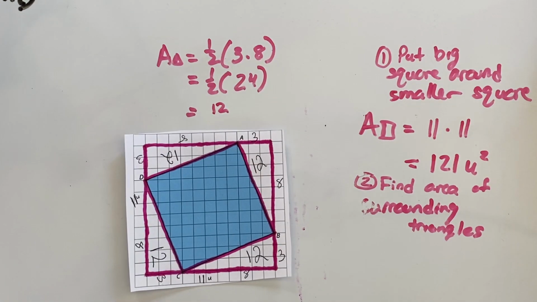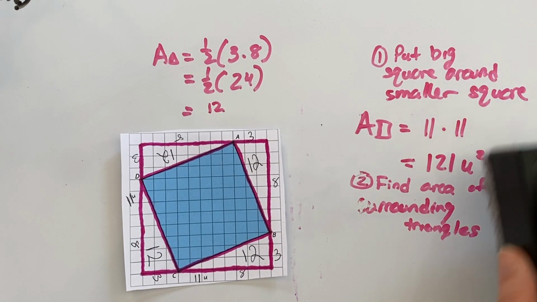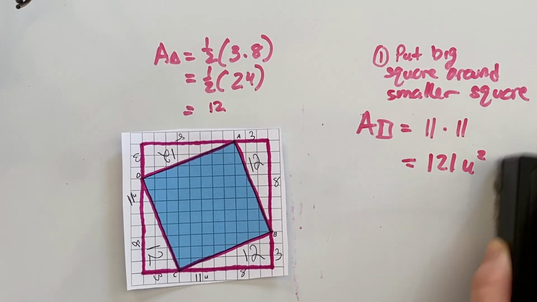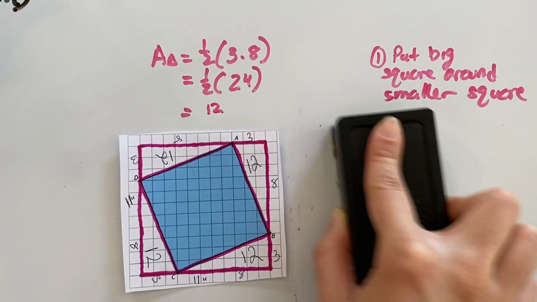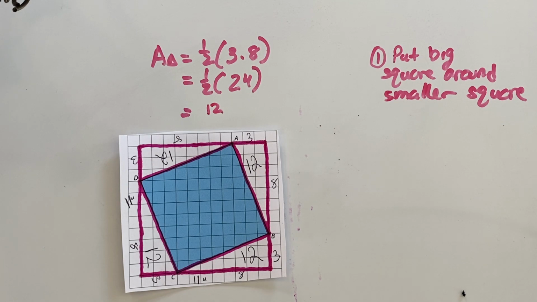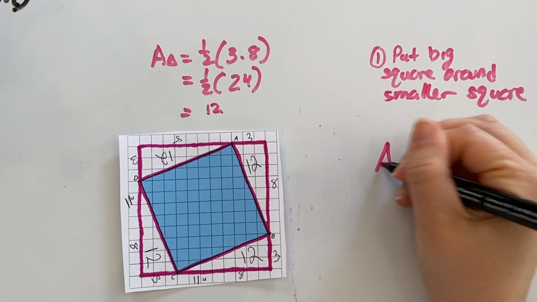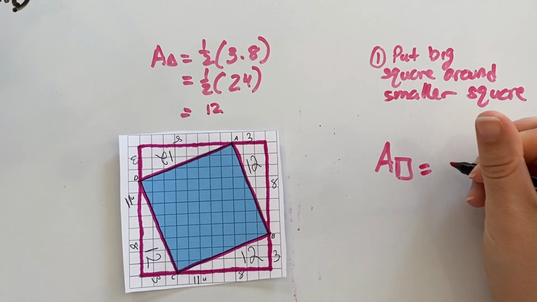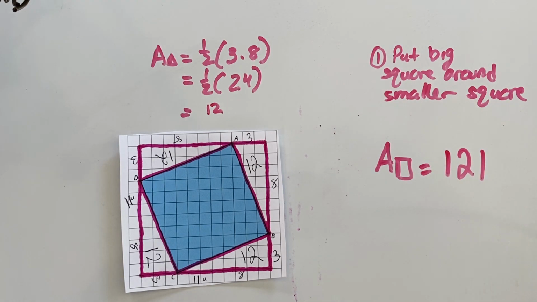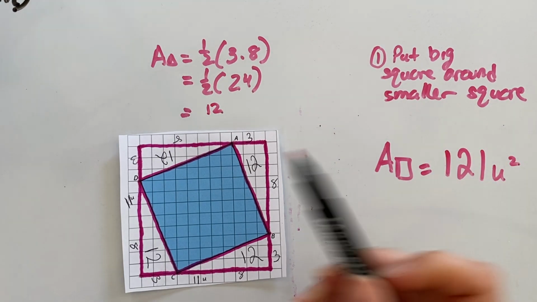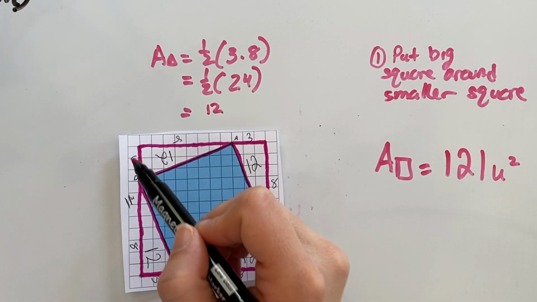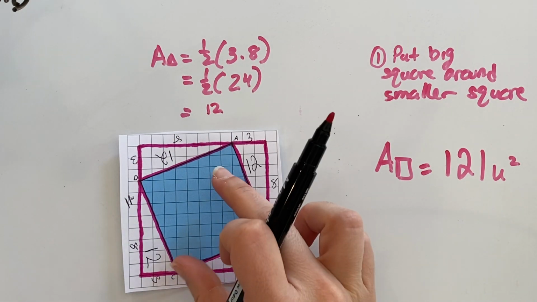So let me put that in math. The area of my big square was 121 units squared. So the pink square here is 121 units squared.